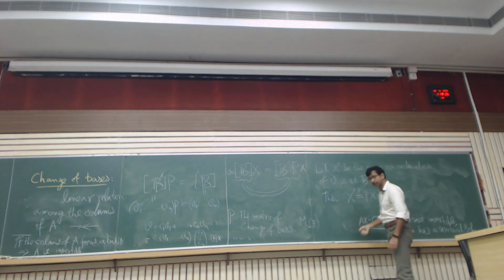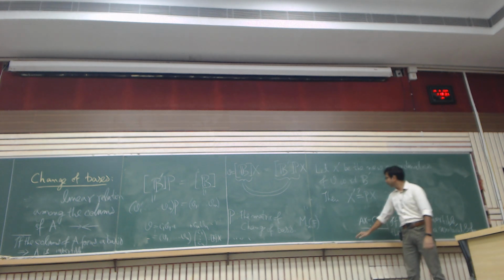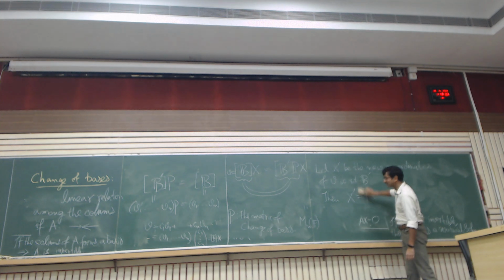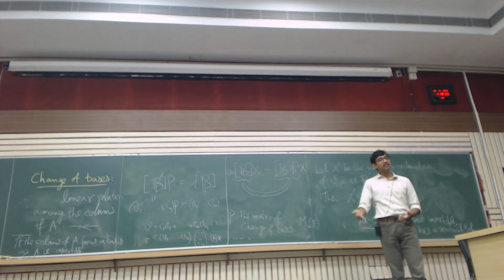So how do we show this rigorously? We just said it, and what we said is completely rigorous. We said that every vector is uniquely representable as a linear combination of the basis vectors. Did we prove this in an earlier class? Yes.